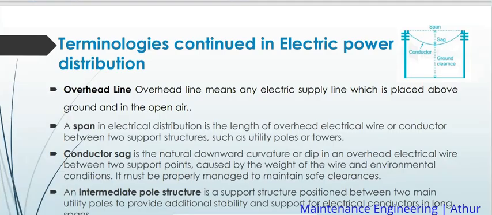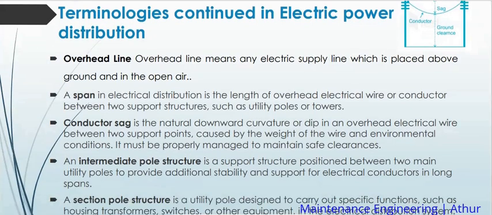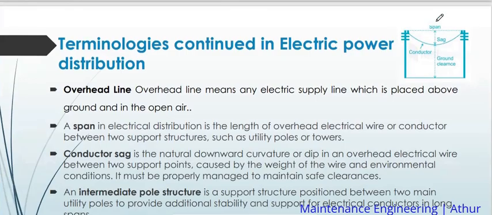I have terminologies to put across. You need to understand some things. Before the terminologies, I have a small picture here, which is showing us that the distance between the poles is called the span. And we have what we call a sag.